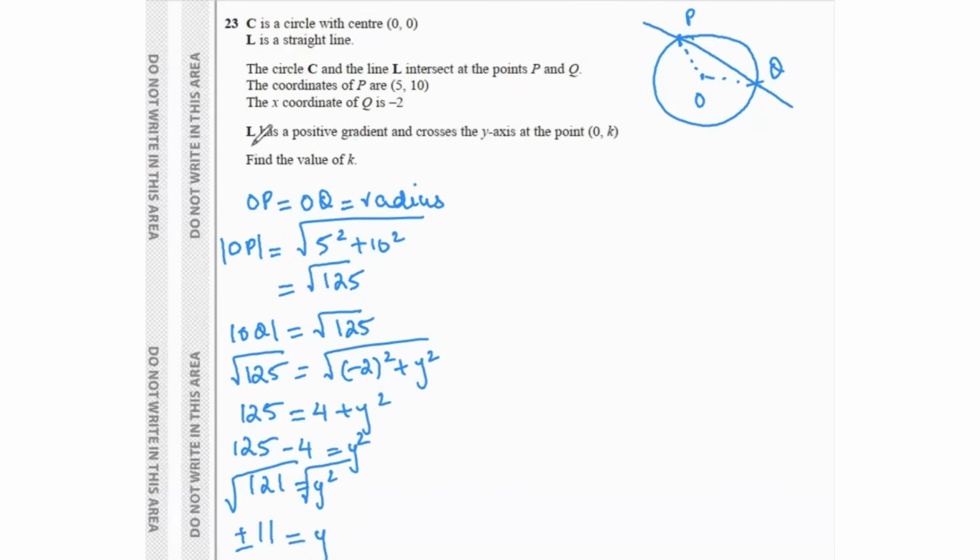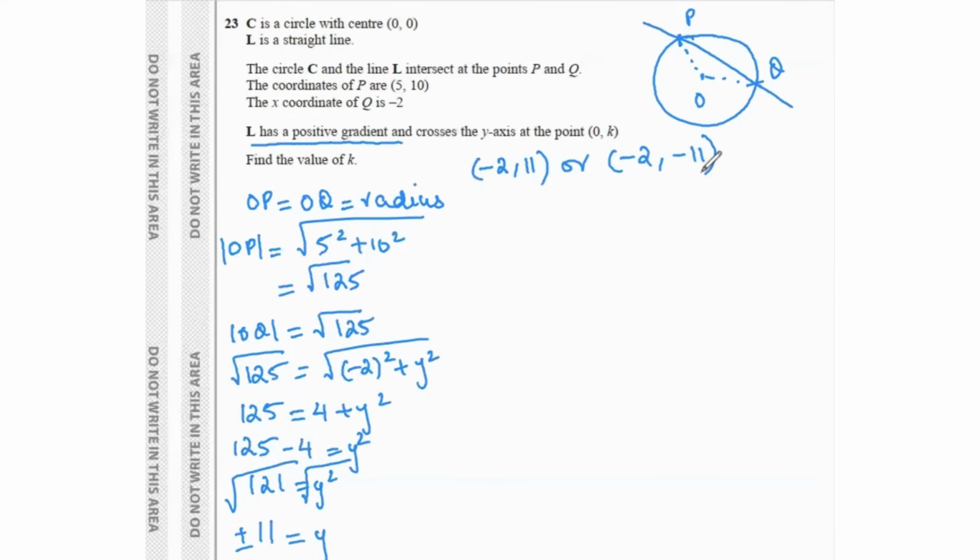Now keep in mind that line L has a positive gradient. So this is where this plus or minus value will come in handy. So Q can either be (-2, 11) or (-2, -11). We will determine this by finding the gradient of PQ. Why PQ? Because the line L has the points P and Q on it.